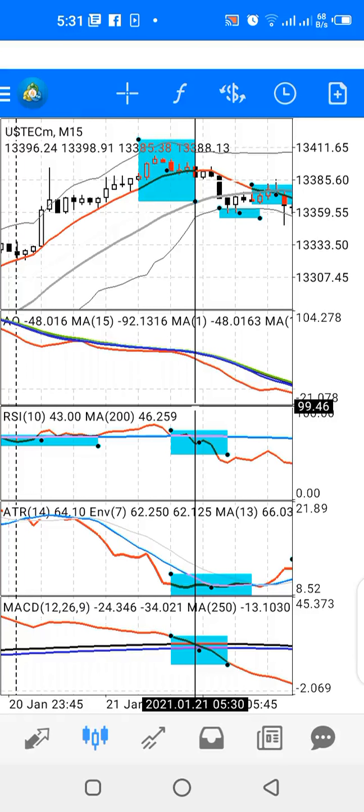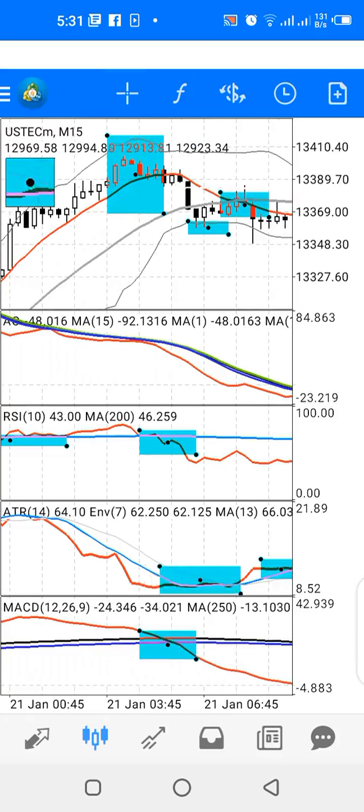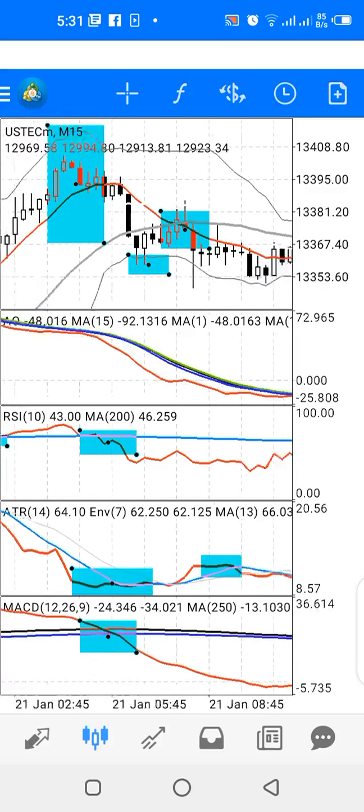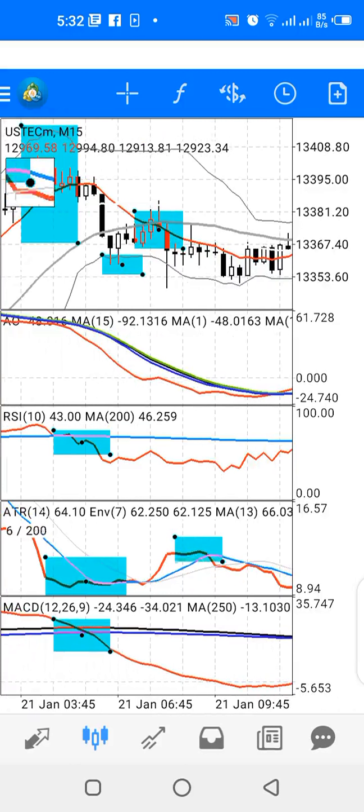All right, with the exception of indicator window 3, which is telling us cross up. Indicator window 3 told us cross up around here, but it's now telling us cross down somewhere around here. It's now giving us cross down around here.